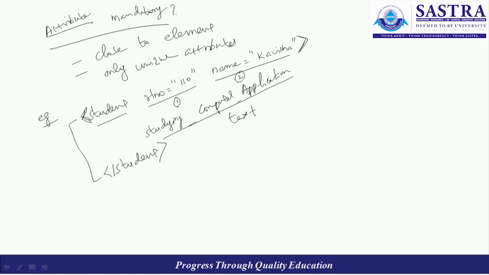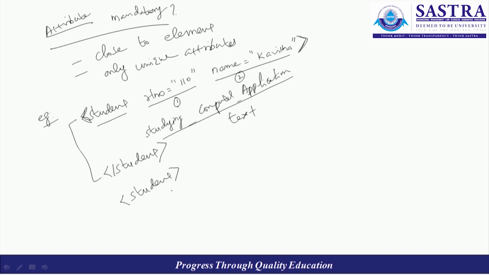So all should be close to the problem domain. What is the problem? Create an XML document for student. I have created one student record. Can I have one more? Yes, you can. Now I have roll number and name. Shall I skip this? Roll number I have given as an attribute.